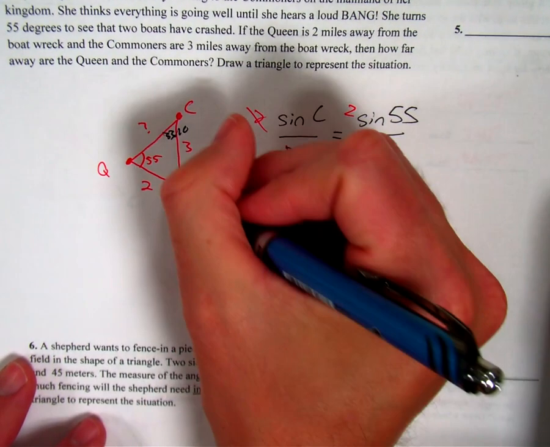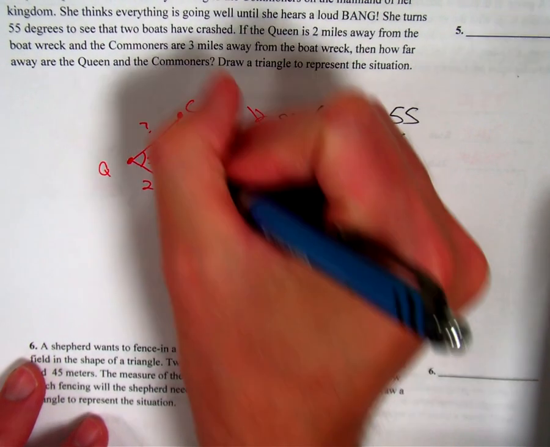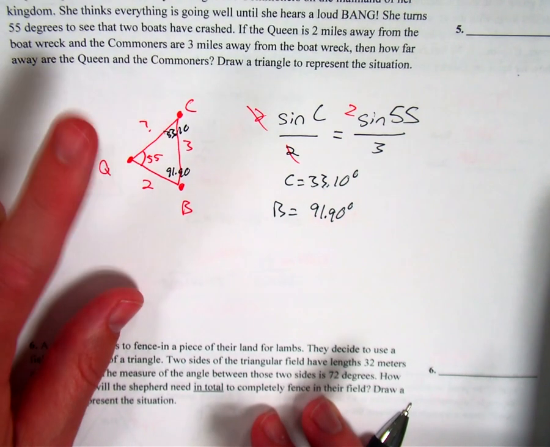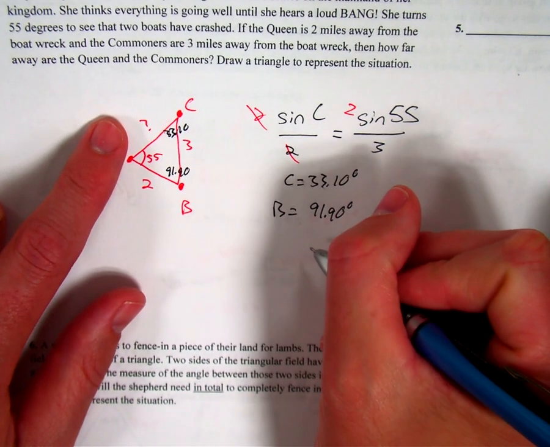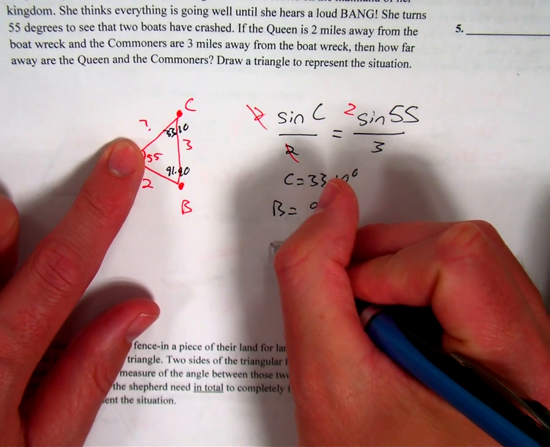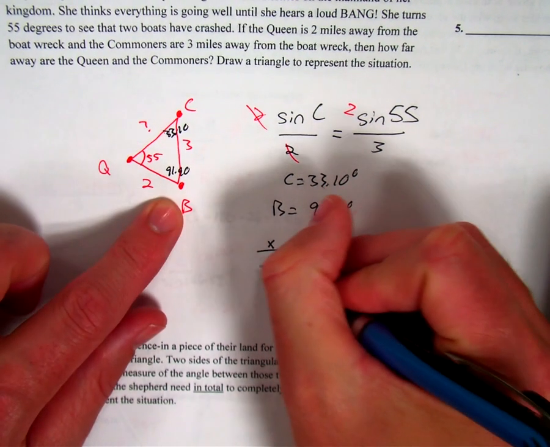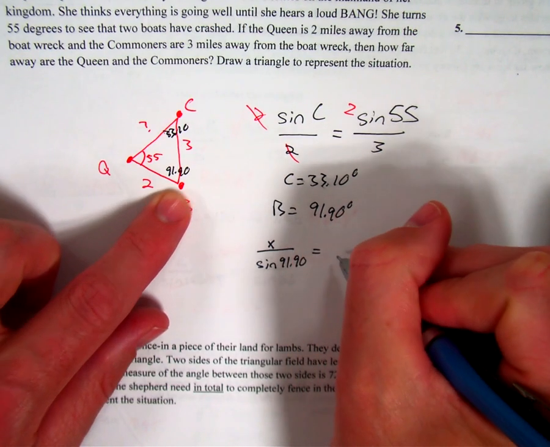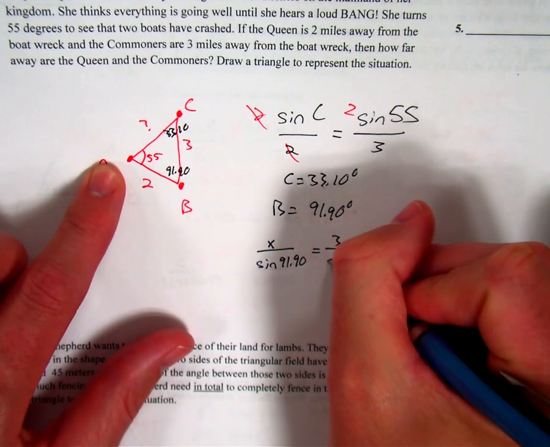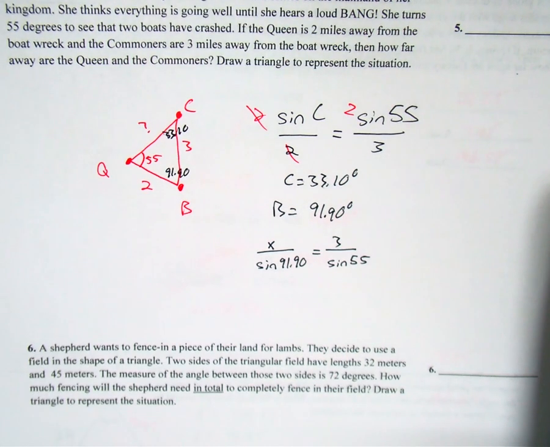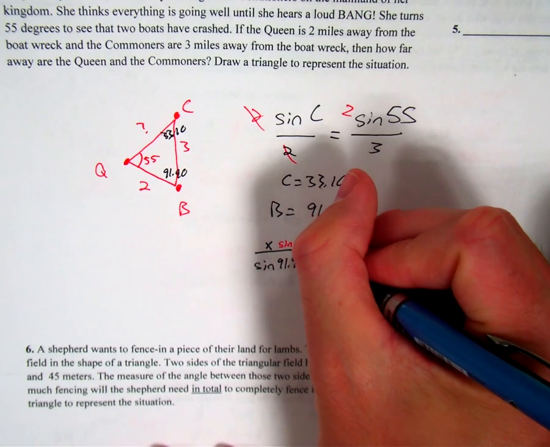And then now I can use that to get our missing side over here that we finally wanted. So we call that baby B, we can call that X. I'm going to go with X because my little b is going to look like a 6. So I'm going to go X over sine of 91.90 will equal 3 over sine of 55. Okay, we're going to multiply the sine up.